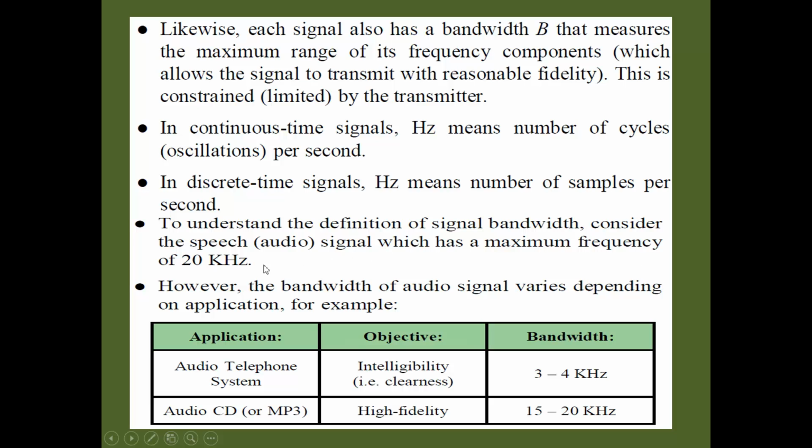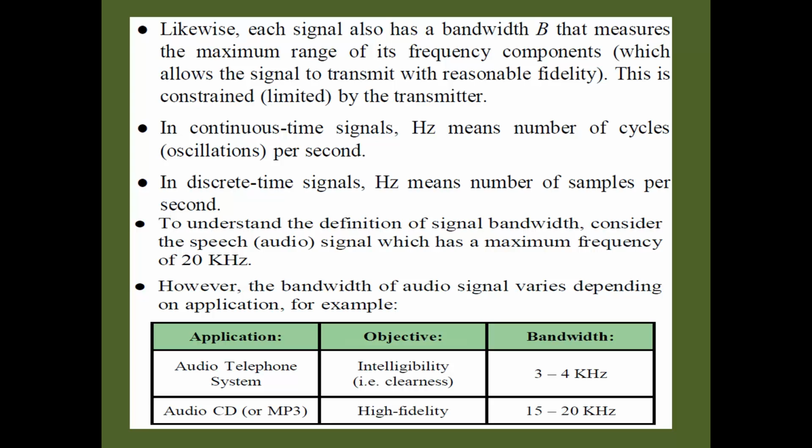Actually, speech is band limited to a maximum frequency component of 3400 hertz, whereas the audio frequency goes up to 20 kilohertz, right? So that becomes the bandwidth of a speech signal or an audio signal.